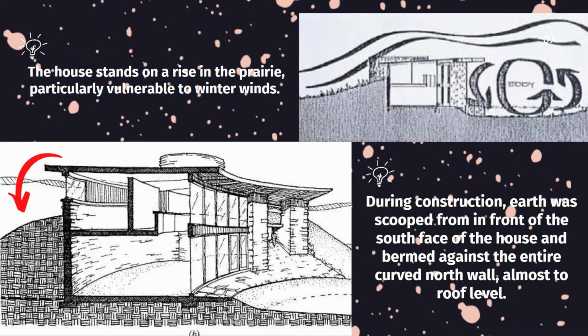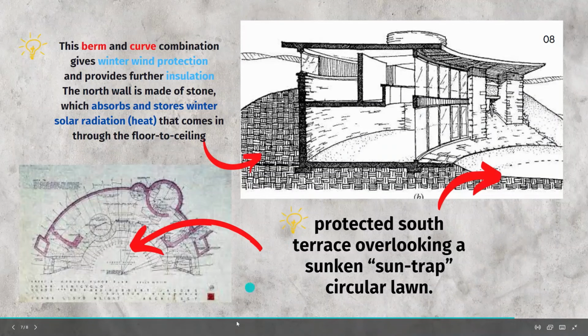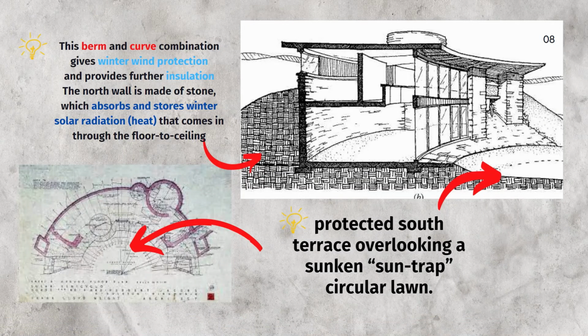The north wall is made up of stone, so it absorbs and stores winter solar radiation or heat. As you can see in the figure, this house design is shorter in the north-south and longer in the east-west direction.